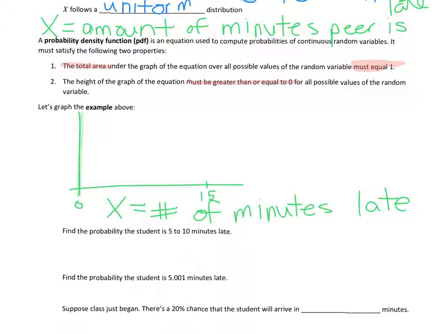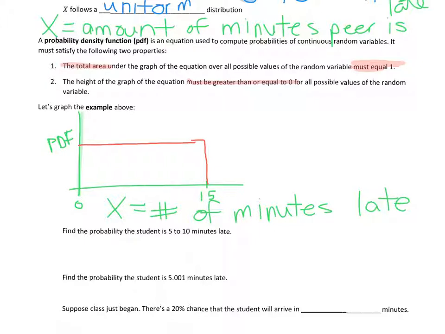All right, and this is a PDF. So the height is the PDF, and we can sometimes call that the density of the function. Okay, so since each interval is equally likely, the probabilities are all the same, and so it's uniform, which means the graph looks like a rectangle. Okay, so there you go.